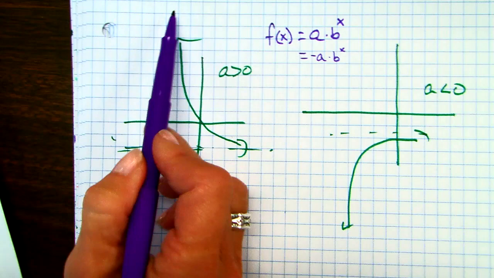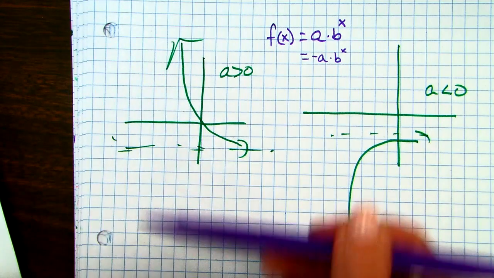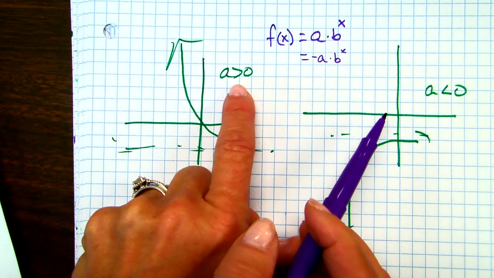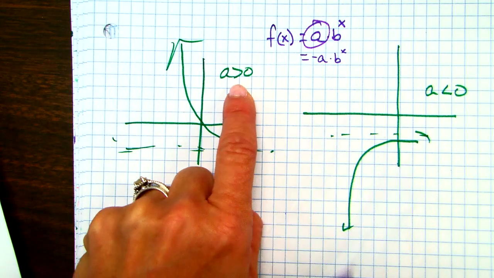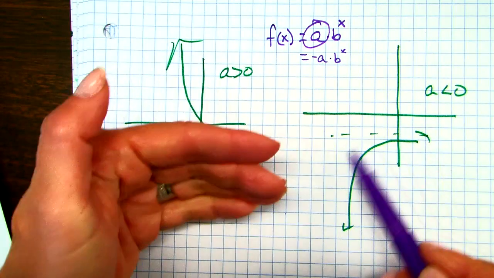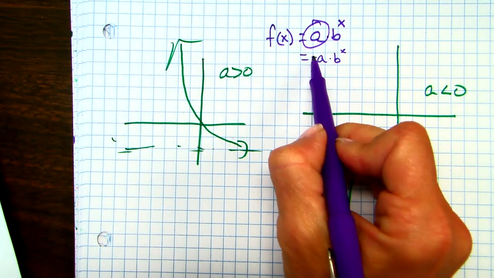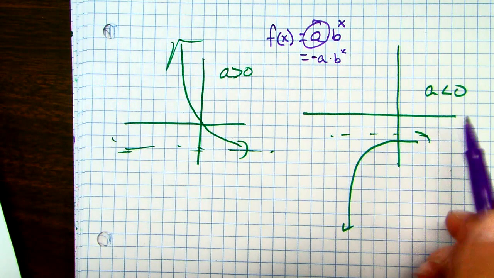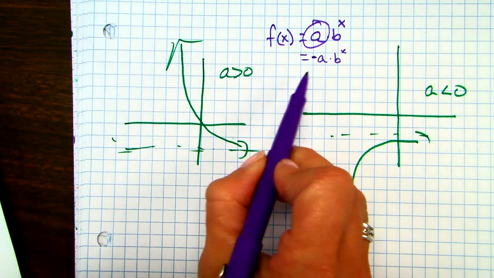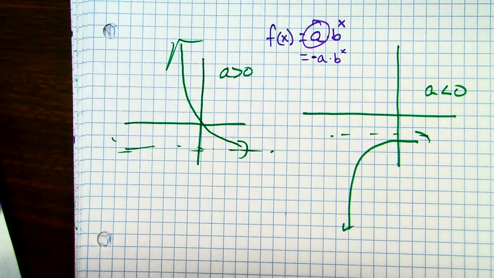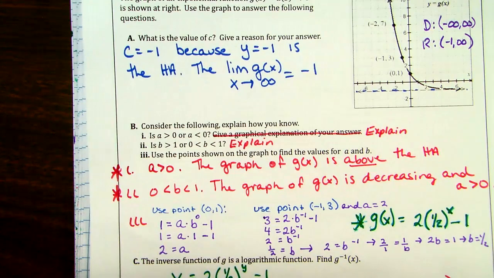What you do is you look at your points. If all of my graph is above it, that means I didn't flip over. That means A is positive. If all my points are below my asymptote, that means there was a flip in there, and A would be negative. That's the easiest thing, really, if you understand the A value being positive or negative.